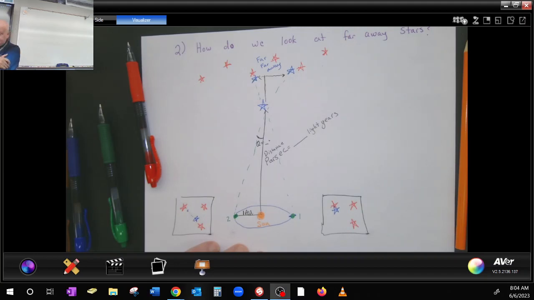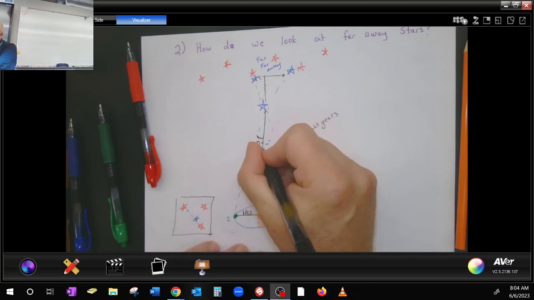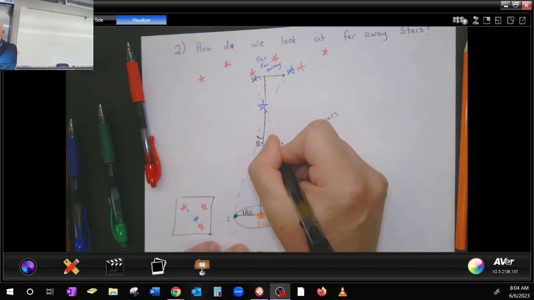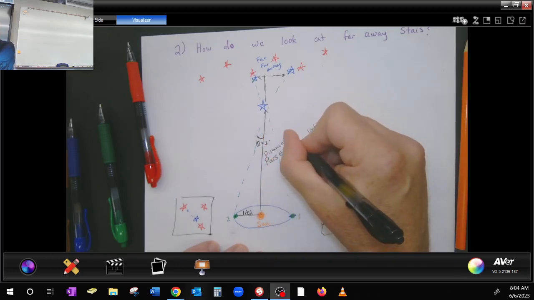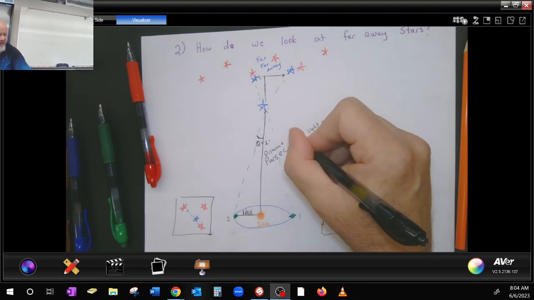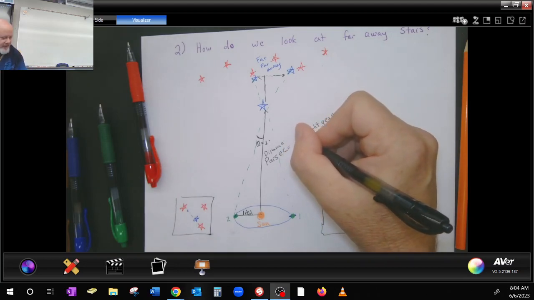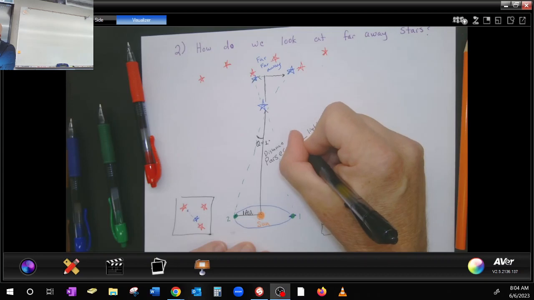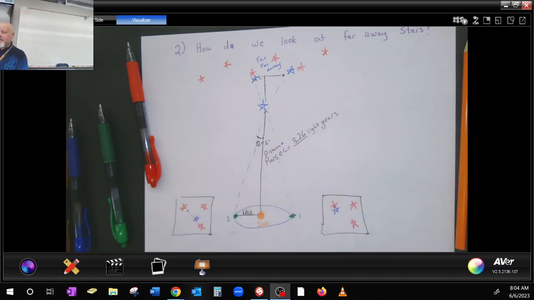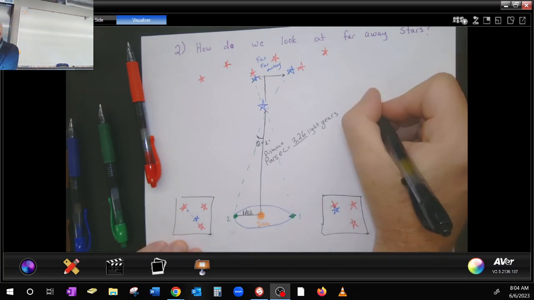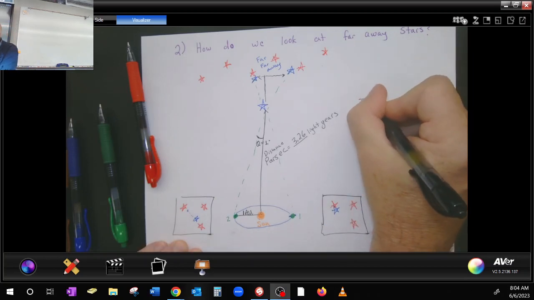Knowing that, I'm going to tell you guys right now that if this angle is 1 degree, then this distance in parsec is going to be 3.26 light years. So I'm going to write this off to the side.